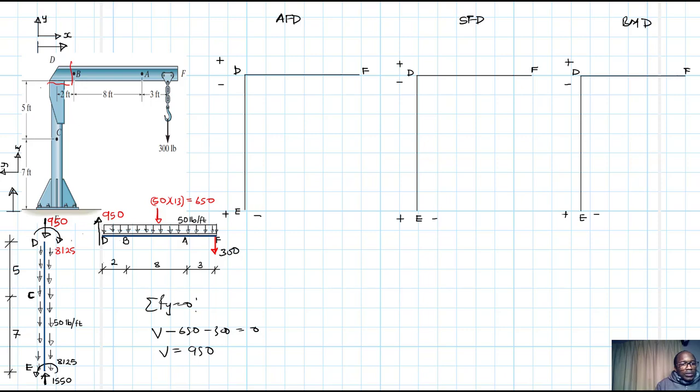All right, and then you expect also a moment here, which will have the same magnitude as that one there, because where we cut a section that is continuous, you expect the same internal forces.